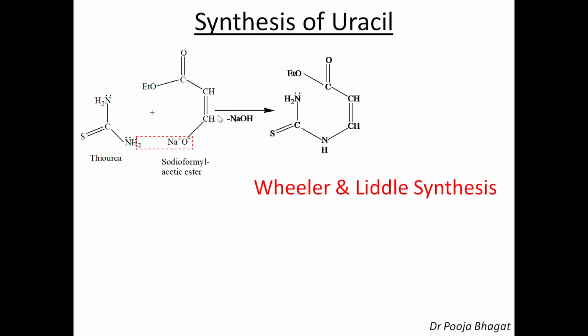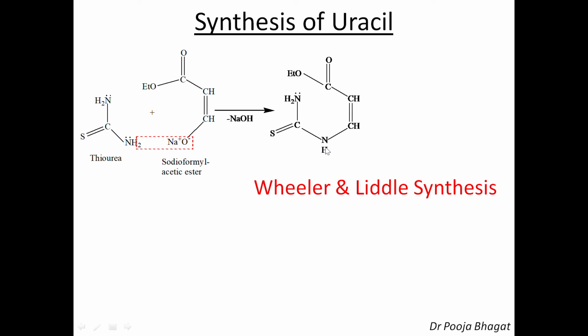If you recollect, in the previous synthesis we had CH2 here, so we obtained dihydrouracil, and then to obtain the double bond we did bromination and then dehydrohalogenation using pyridine. In this case we have started with a reagent in which the double bond is already present. So you get this compound.